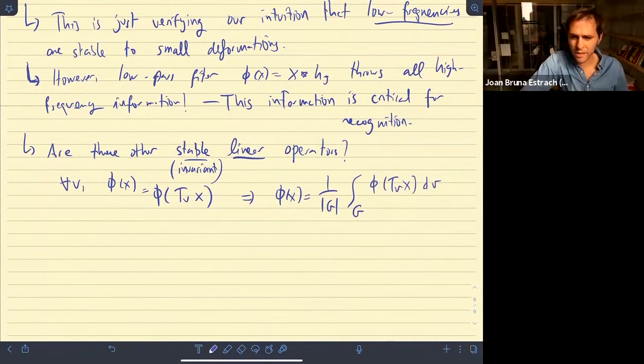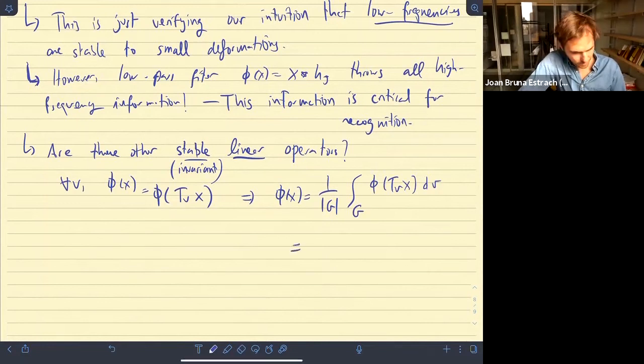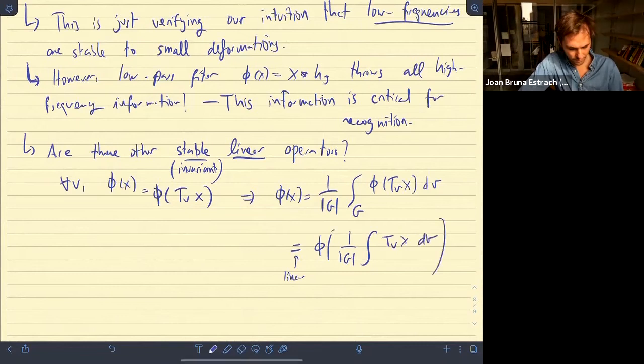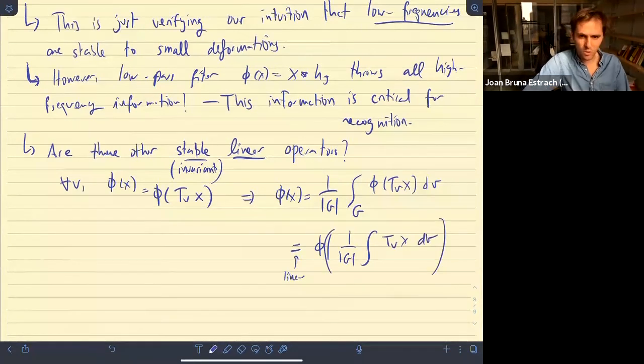But now, if this thing is linear, I can also write this as phi of the average over the group, by linearity. I can swap the order of the operation and the group.